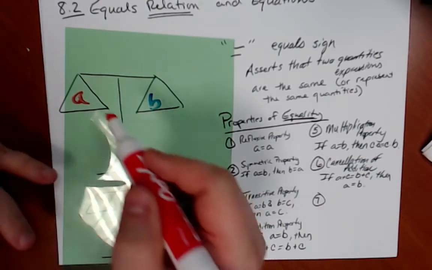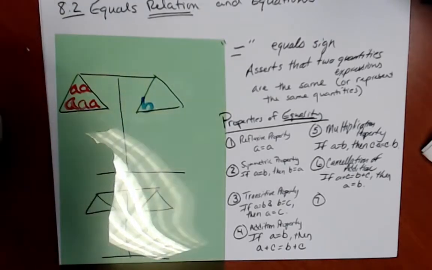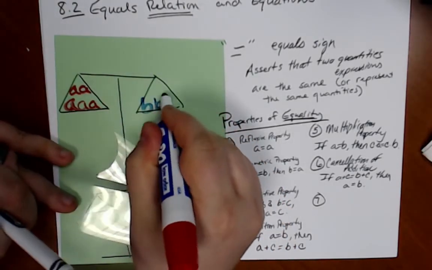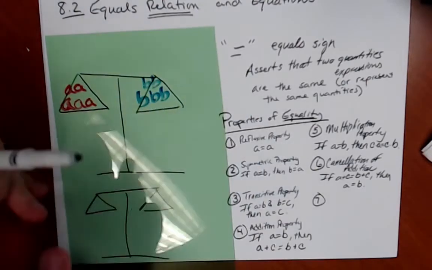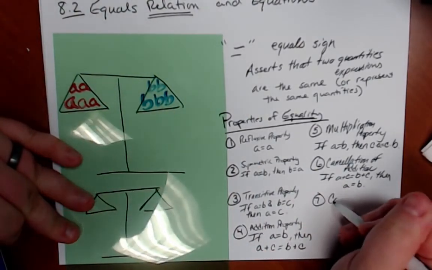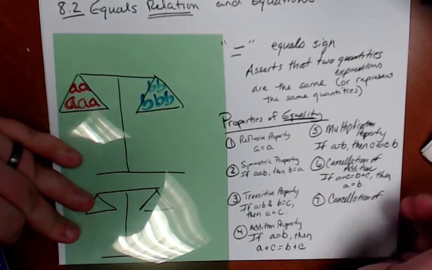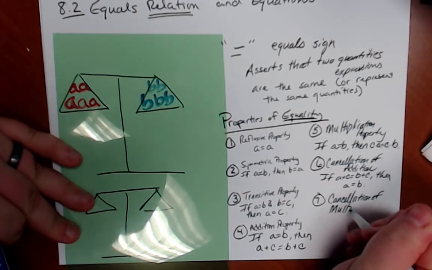And similarly, if we have some CAs and some CBs, we can undo multiplication. So we'll call that cancellation of multiplication.